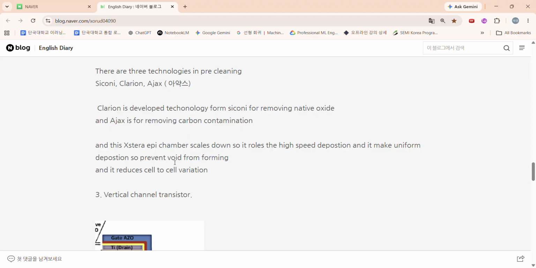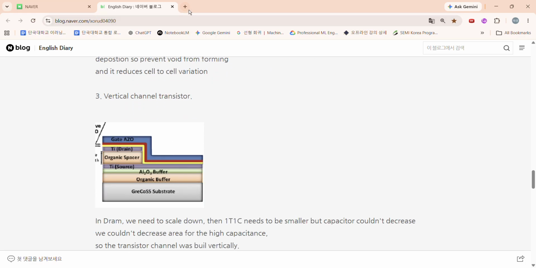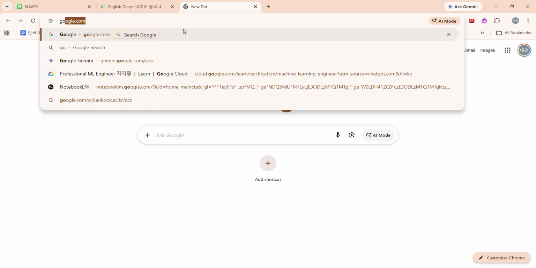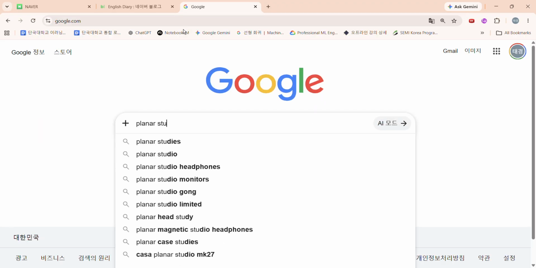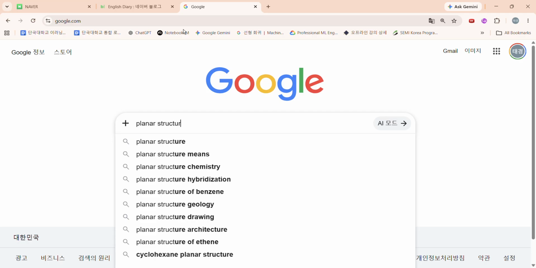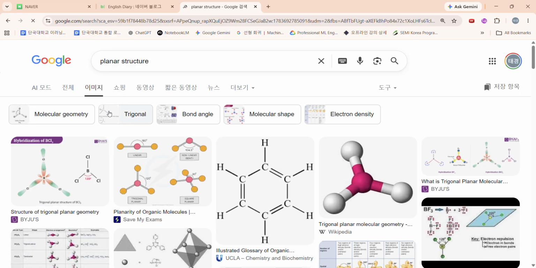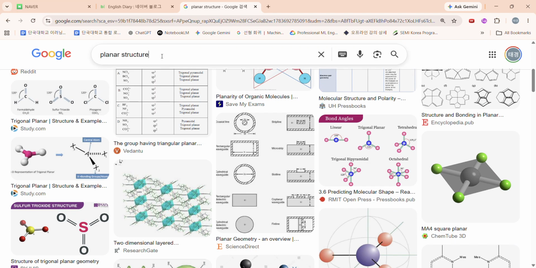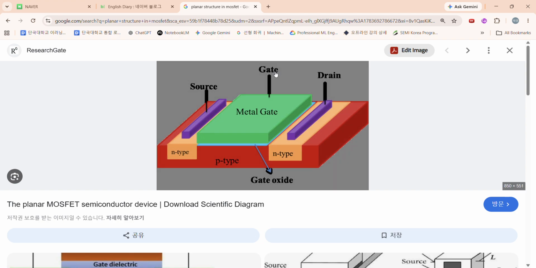Third, I will introduce the vertical channel transistor. Usually in a planar structure, the MOSFET looks like this.